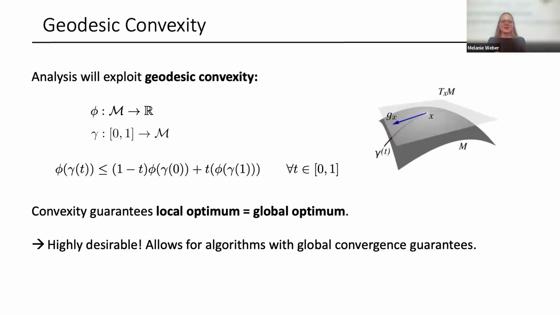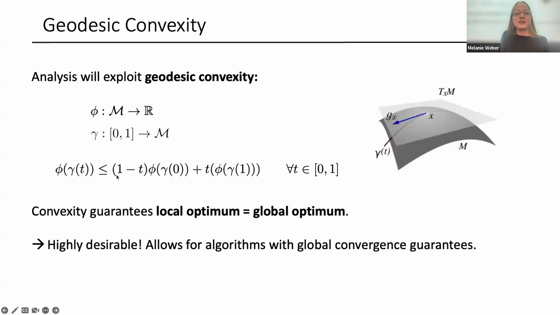Before we move on to part one, I just want to, on one slide, briefly define geodesic convexity, which we have already mentioned a couple of times. The inequality written here on the slide will look very familiar to you if you've seen, as I'm assuming, Euclidean convexity.